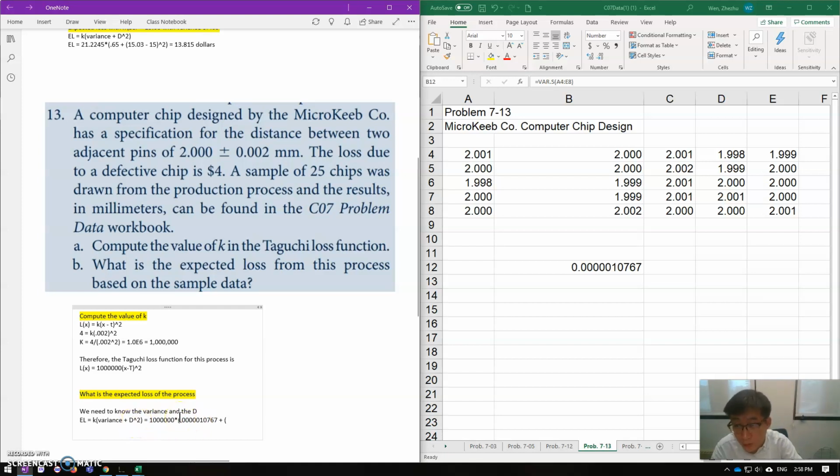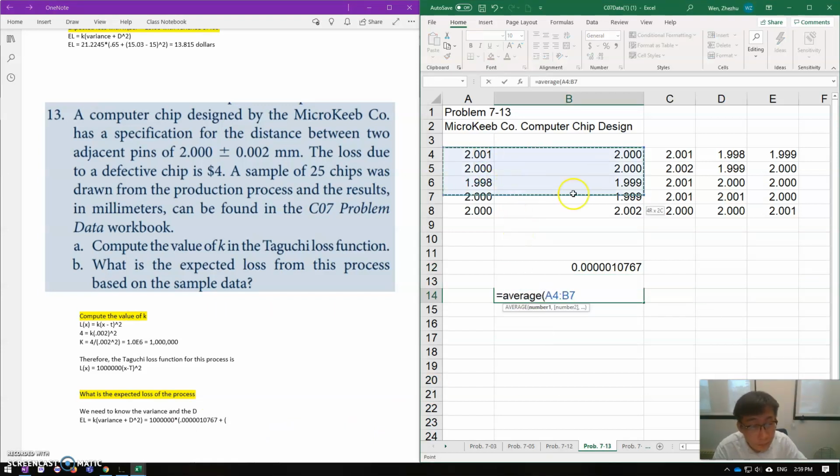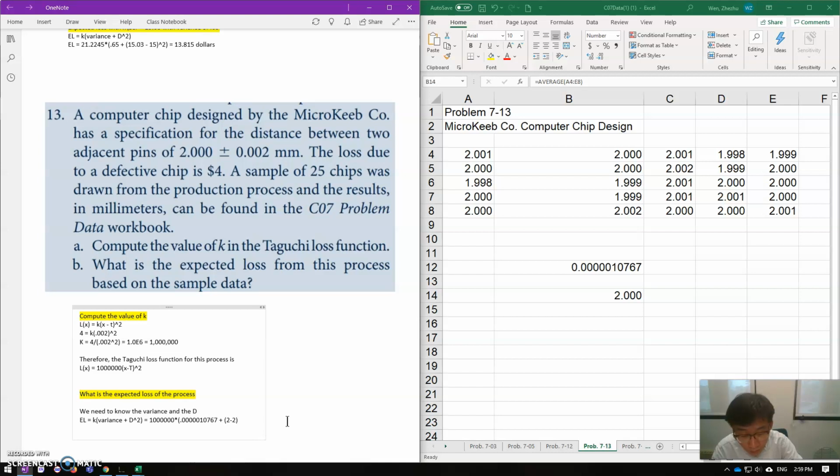And the D is actually the difference from the average of this process. The average is actually 2. So 2 minus 2 equals 0. You square it, we still get 0. So this is actually our expected loss from this process.